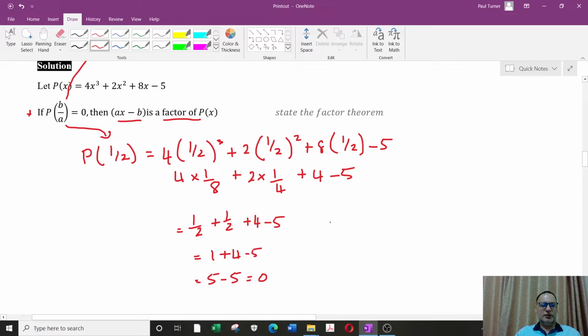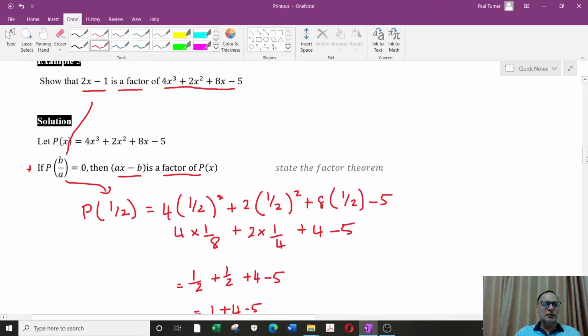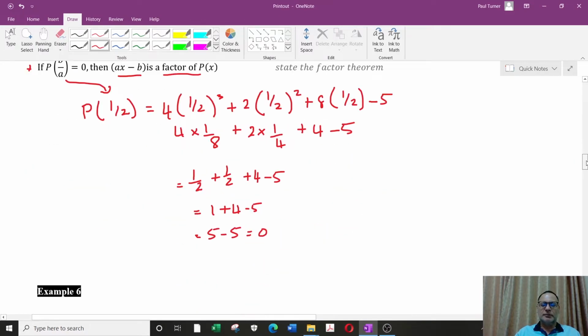So we can conclude that ax minus b, we've got, roll back up to see, there it is, 2x minus 1. So P(half) equals 0.